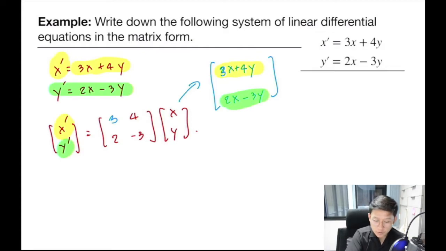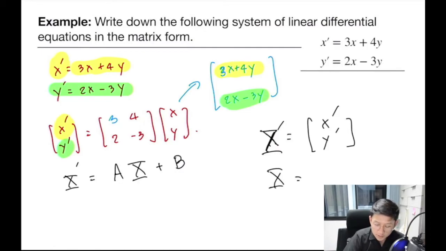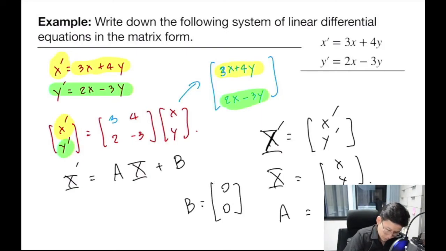So we can write this down as x prime equals Ax plus b, where x prime is x prime, y prime. This is the big X, and the big X here is x, y, and the matrix A is 3, 4, 2, minus 3, and the vector b here is 0.